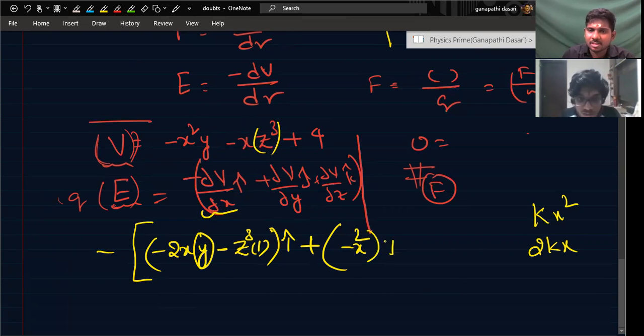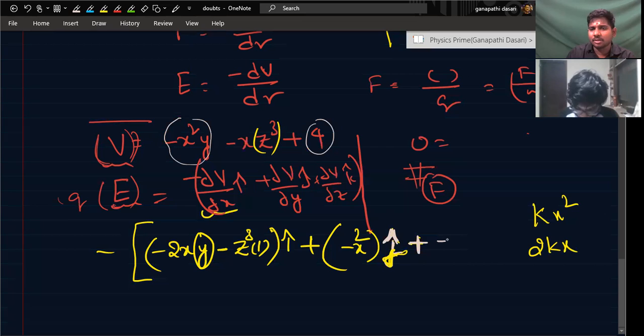So minus x square j cap, plus minus 3x z square. The z term will become 0 anyway because this entire thing is constant. So x will remain like that only because it is a constant, into 3z square k cap.